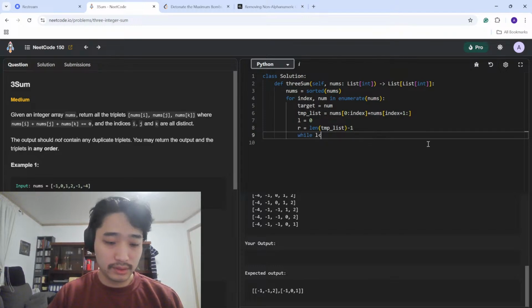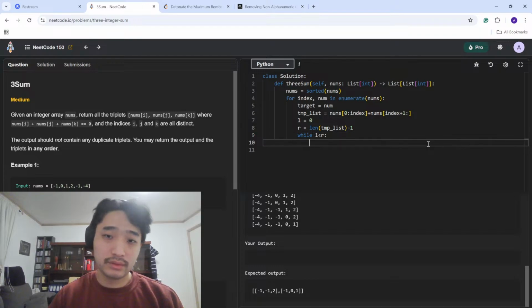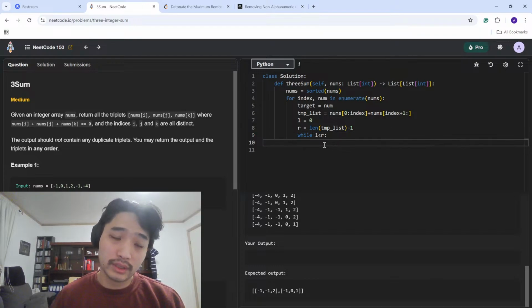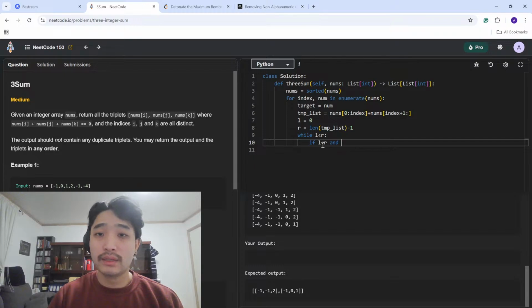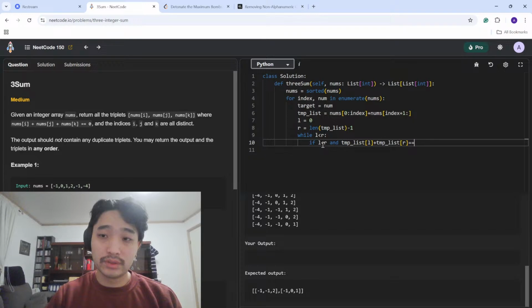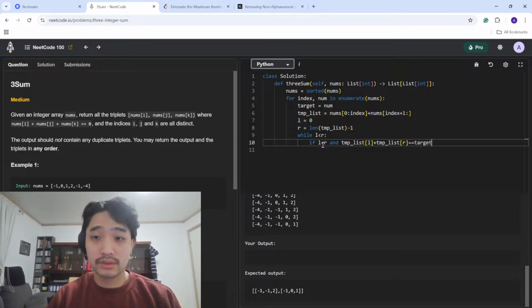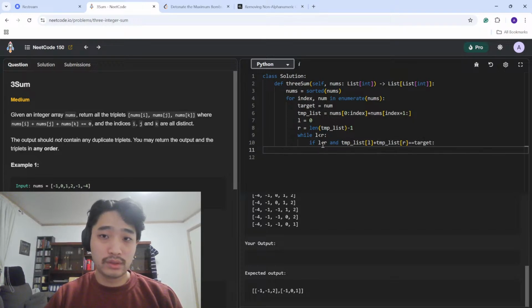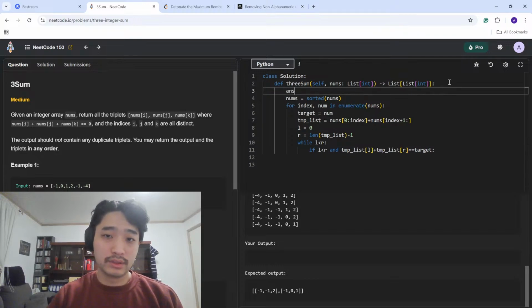While L is less than R. I think if L less than R and temp list of L plus temp list of R equals target, and we also need an answer list.